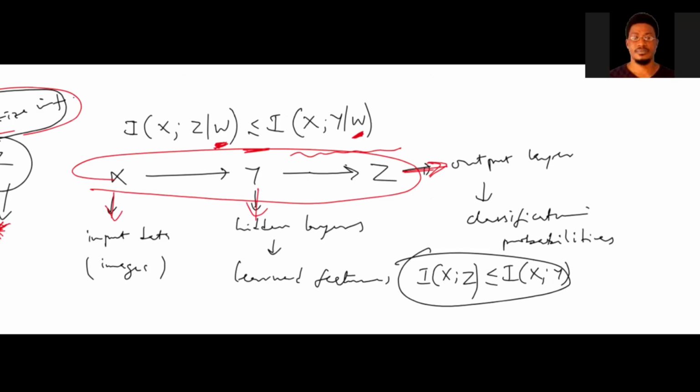And then your Y will represent the hidden layers, which now talks about the learned features. And then Z will become the output layer, for instance, where you are dealing with the classification probabilities, right?